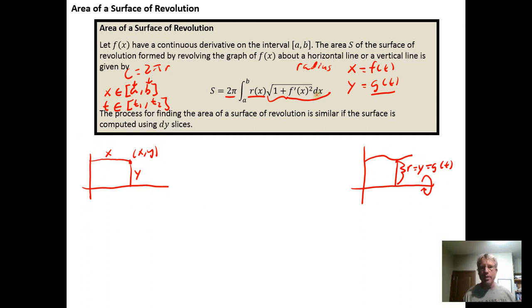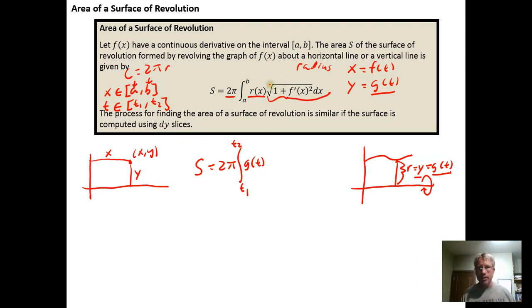And then this formula quickly converts into parametric form, because the surface area equals 2 pi times the radius. If we're going to run it parametrically, then it's going to run from time 1 to time 2. And we need to describe the radius with respect to the x-axis. But the radius with respect to the x-axis is just the y-coordinate, which is described by g of t. So it's 2 pi times radius to get a circumference, and then times the arc length.